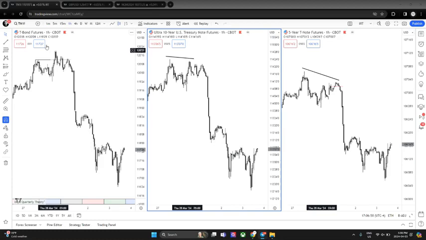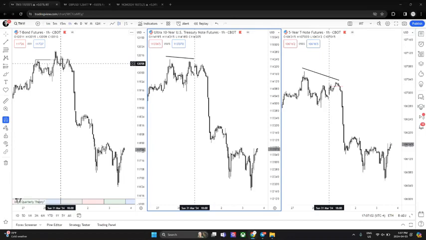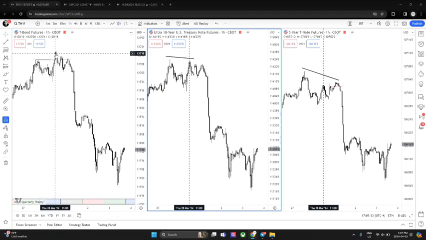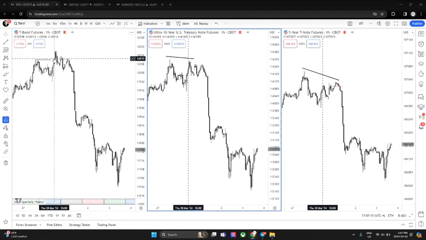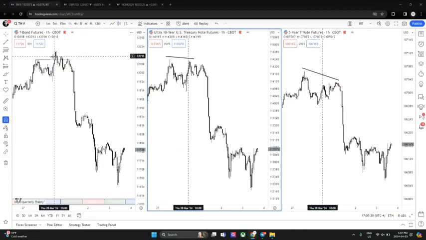I need to turn on the crosshairs for you guys, right? Okay, so right here on Monday, Monday's opening, first we had SMT here, which was sequential. So Thursday ran out Wednesday's high, right here, as you guys can see.